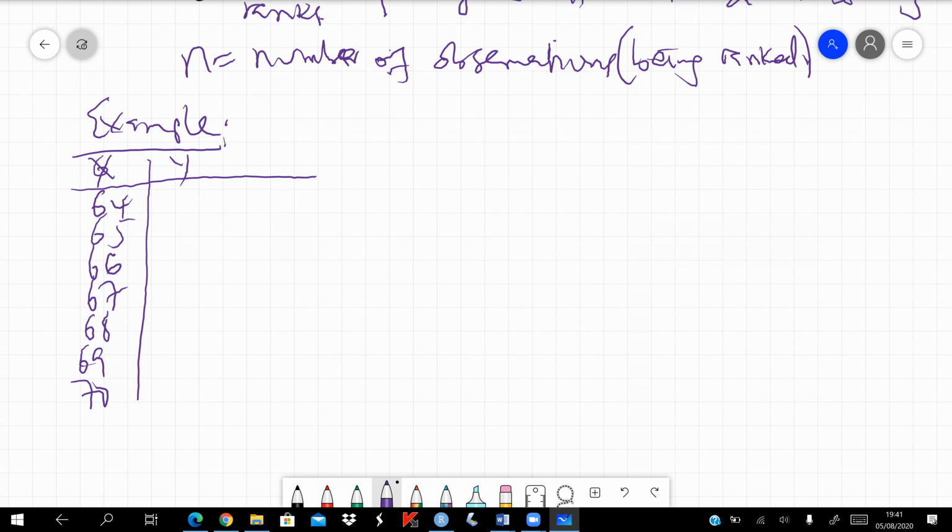And then the values on the Y-axis were 6, 67, 65, 68, 70, 68 again, and 72. This is just for illustration purposes. So let's find the Spearman's rank correlation coefficient for this data.